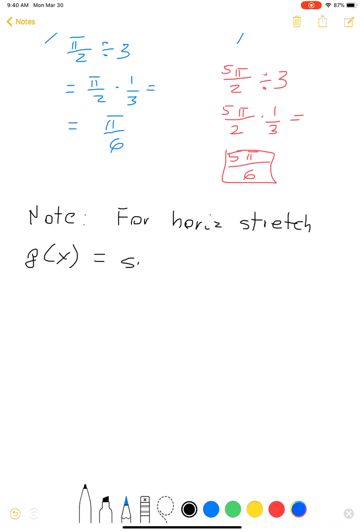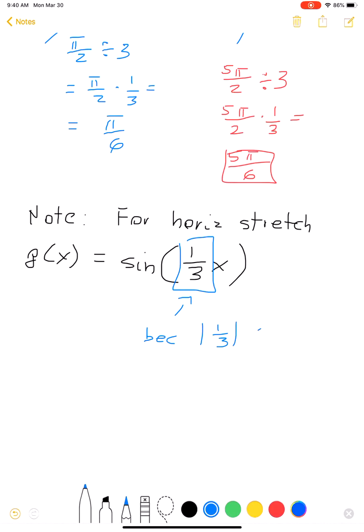You're going to have sine of 1/3 times x. So that's going to be horizontal stretch. So pay attention, in front of x you have a number which is less than 1. So this is horizontal stretch because the absolute value of 1/3 is less than 1.